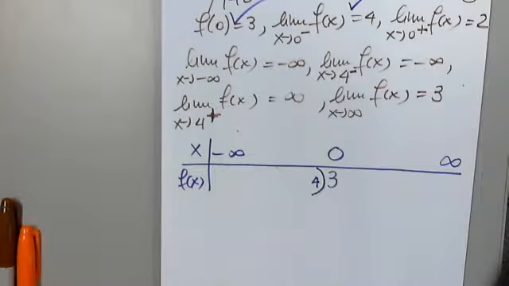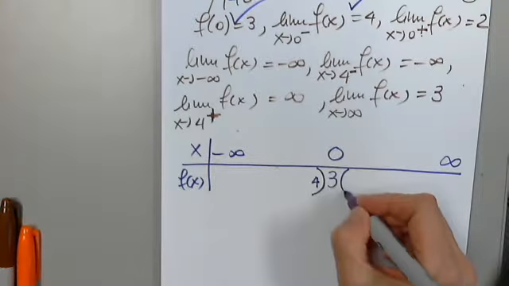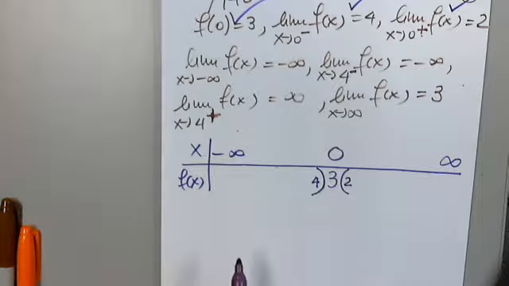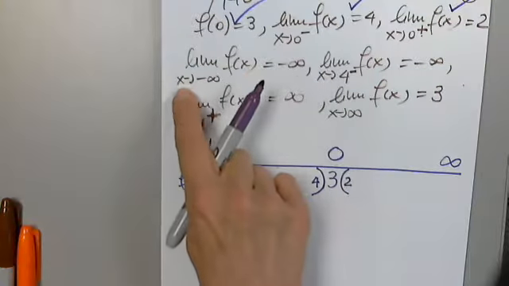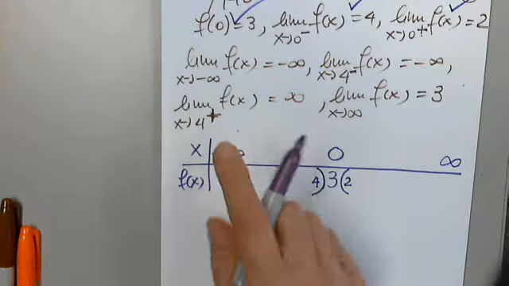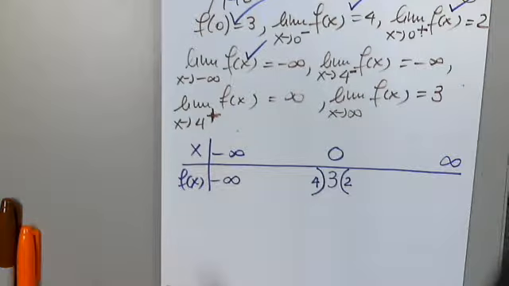Done. Limit of f of x as x approaches 0 from the right is 2. Done. Are you okay with this? Yes, everyone? Limit of f of x as x approaches negative infinity is negative infinity. As x approaches negative infinity, function values approach negative infinity. Done.